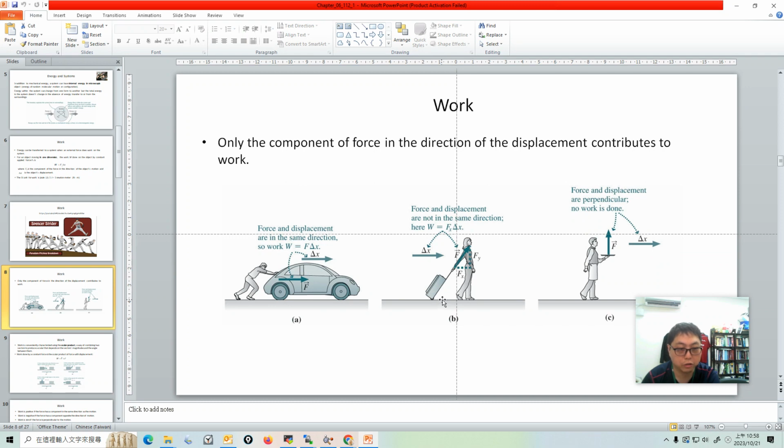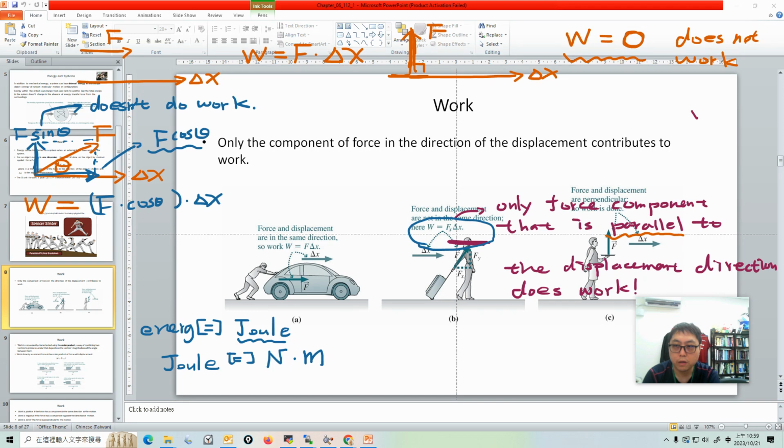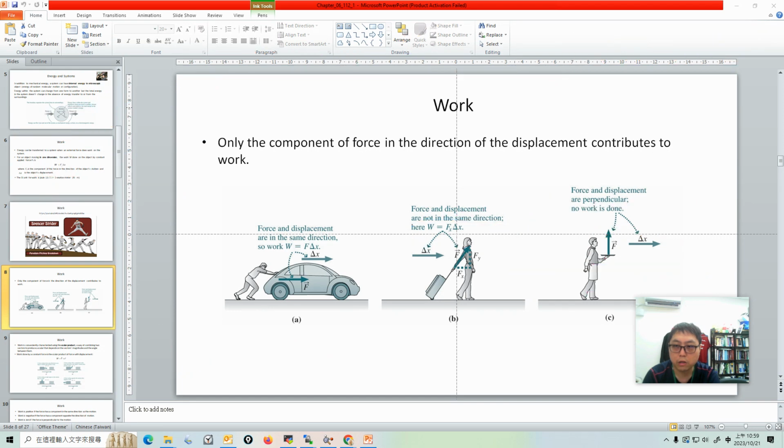Your displacement direction is here, but your force is here. So only this force component does the work.